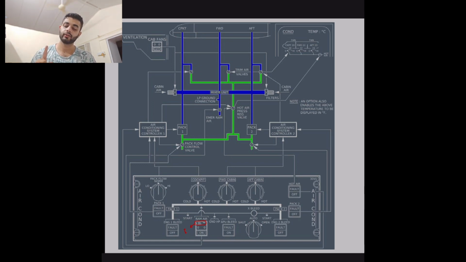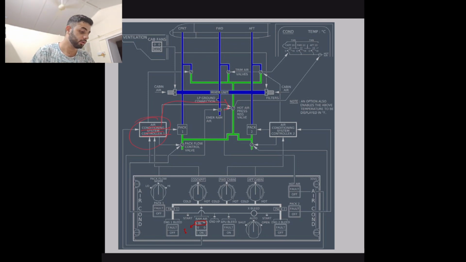ACSC1 regulates this valve. Okay, what is ACSC1? ACSC1 is Air Conditioning System Controller 1. ACSC1 is basically the one giving commands to your pack and to your hot air pressure regulating valve. What commands is it giving?